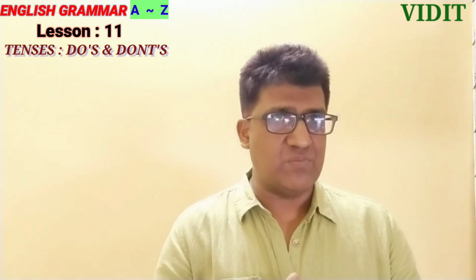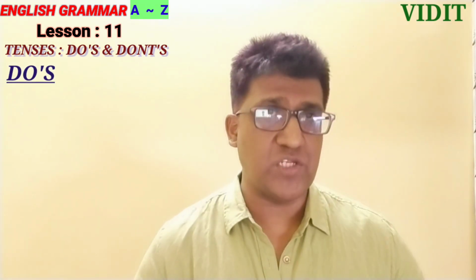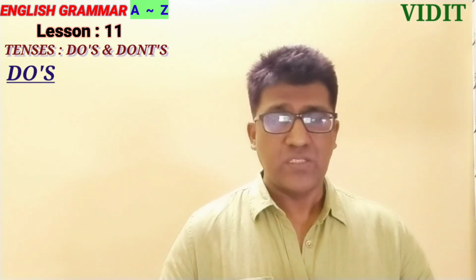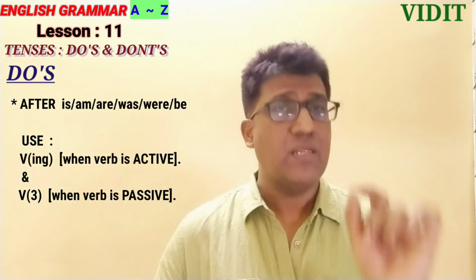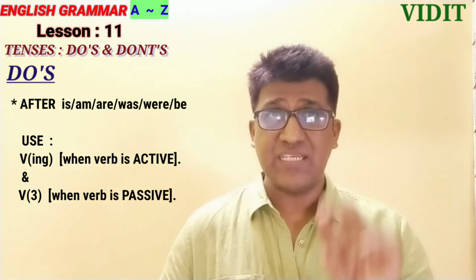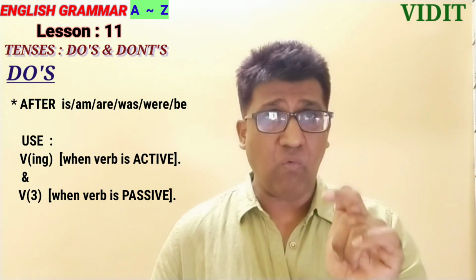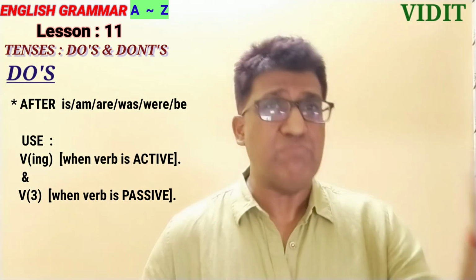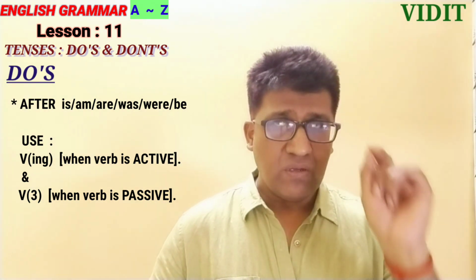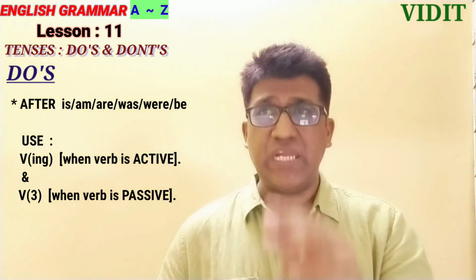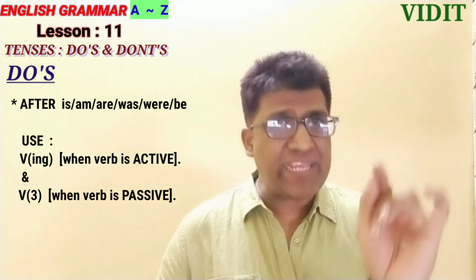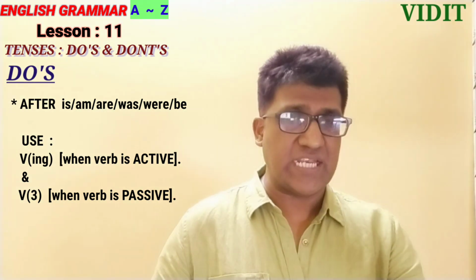Now, let's come to the first do of English grammar, or how to use the tenses without mistake. So the first do is, remember, after is, am, are, was, were or be. Be is also the first form of the verb. Whenever these are there, after them always use the ing form when the verb is active.